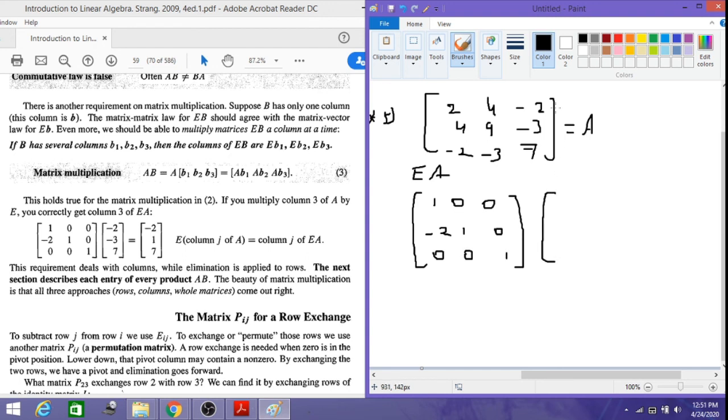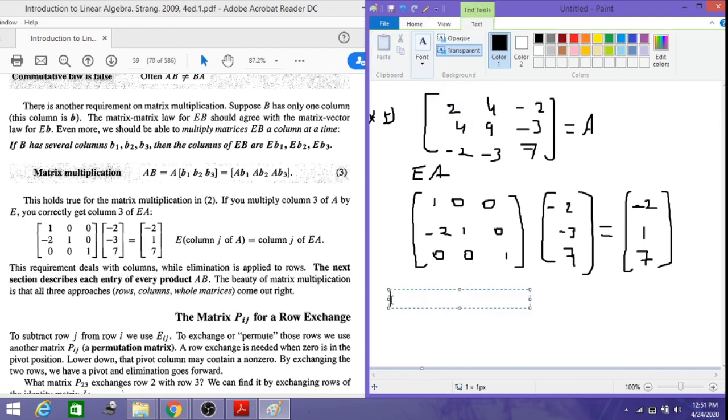And if I take the third column here, minus 2, minus 3, and 7, what do I get here is that I'll get back the new form of the same column of A. So this is equal to minus 2, 1, and 7. So this is the new column. So if you write this statement-wise, it means E of column j of A equals column j of E into A. So this is how we'll read it.